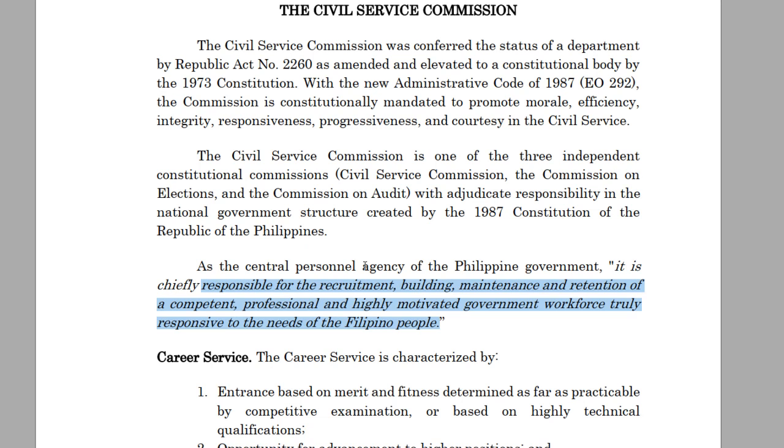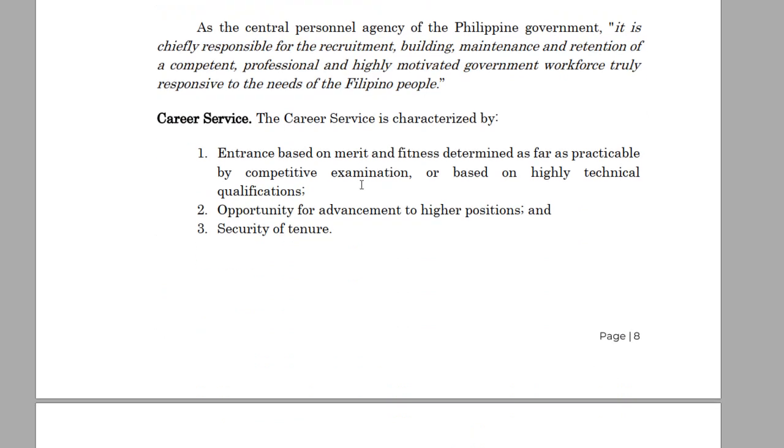Sila ang naniniguro na ang mga nagtatrabaho sa gobyerno ay nagtatrabaho na naaayon sa mga existing rules and regulations, na ito ay isang huwaran, na ito ay hindi korap, na ito ay nakangiti pag nakaharap sa mga tao, na ito ay nasusweldohan ng maayos ng gobyerno, na ito ay namumuhay ng simple. So there are many responsibilities and duties of the Civil Service Commission.